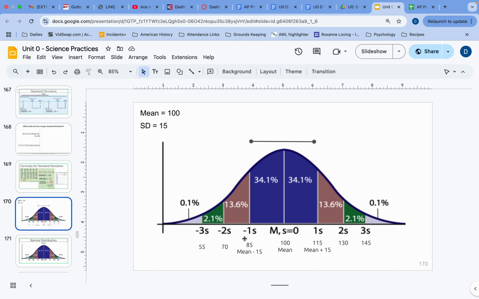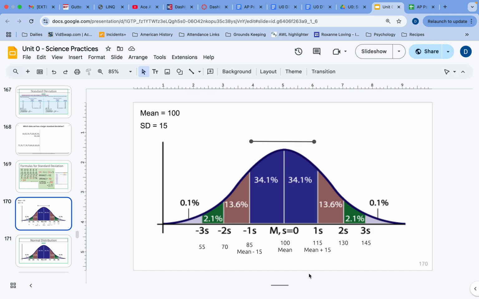So it might ask you, given that the mean of a normally distributed data set was 100, they told you it's normal, so you have to know these numbers. And they told you the mean was 100, and the standard deviation was 15. They're going to expect you to be able to calculate that 1 standard deviation below is 100 minus 15, which is 85. And then 1 standard deviation above is 100 plus 15, so it's 115.